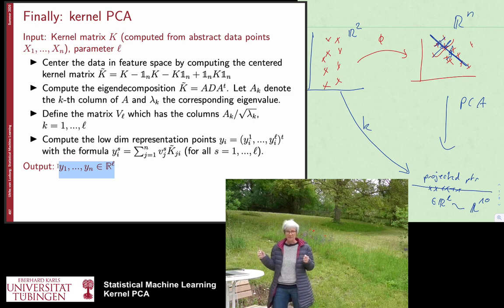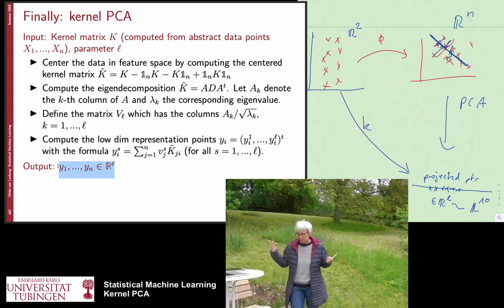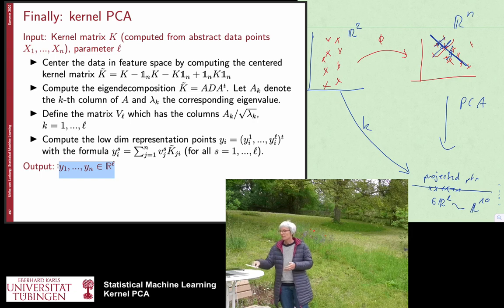So what happens now is that if you go from the original data directly to this kernel PCA, you in fact even increase the dimension, because we started with 2-dimensional data and the output is 10-dimensional data. So by doing this detour of the kernel trick, we would not reduce the dimension. In this particular case, we can even blow up the dimension.